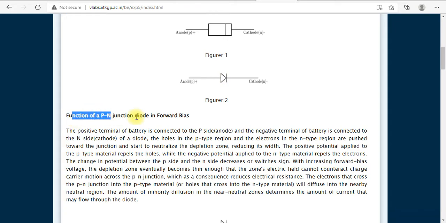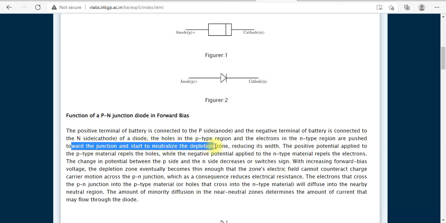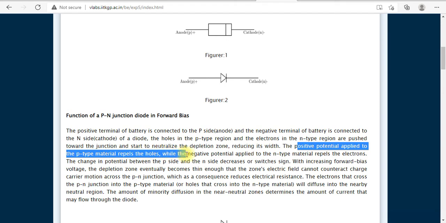The function of a PN junction diode in the forward direction: the positive side of the battery is connected to the P side and the negative to the N side. It is called the forward direction. The holes in the P-type region and the electrons in the N-type region are pushed towards the junction and start to neutralize the depletion zone, reducing its width. The positive potential applied to the P-type material repels the holes, while the negative potential applied to the N-type material repels the electrons.